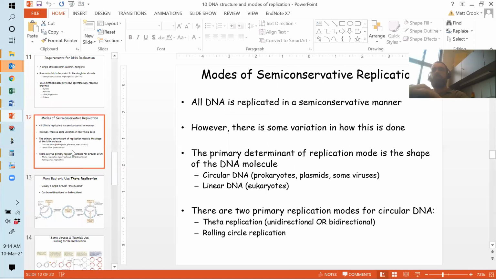All right, so there are different ways in which you can copy DNA, and this really depends on the structure of the DNA, right?